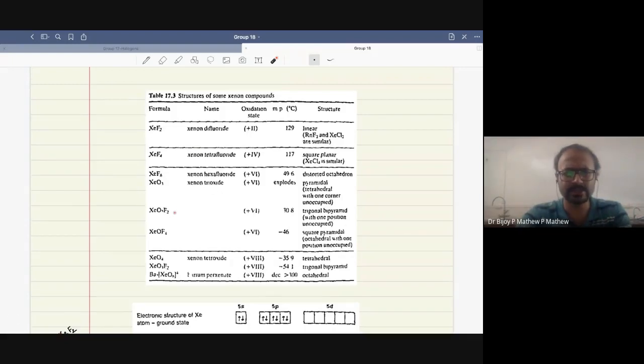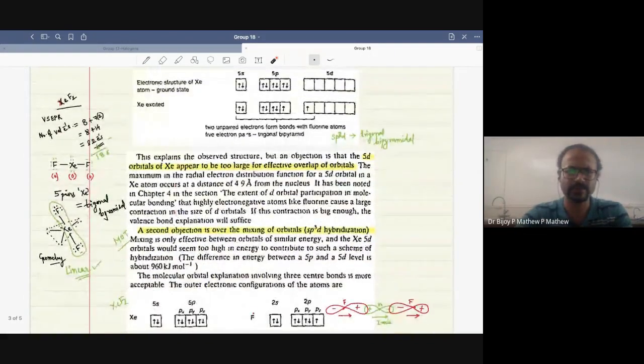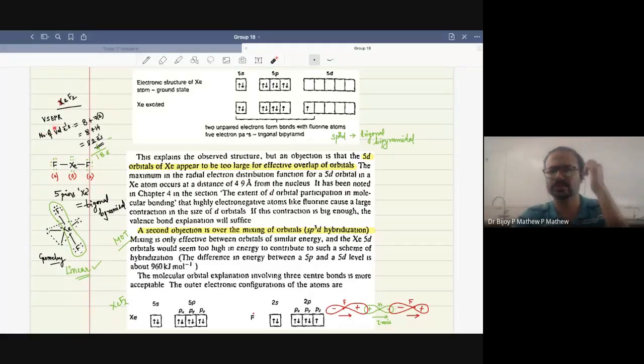So we started with XeF2, and we tried to solve the structure using VSEPR, and also we tried to discuss the VBT of the xenon fluorides. Then we talked about the discrepancies that you see with the hybridization, because of the energy difference between the 5p and the 5d orbitals.